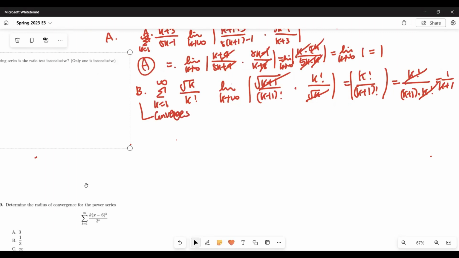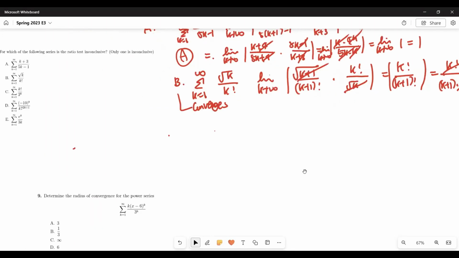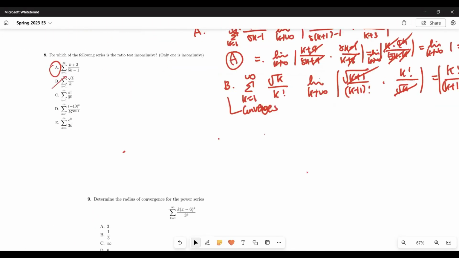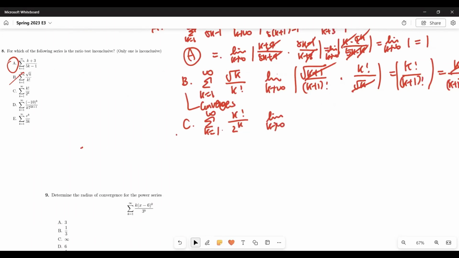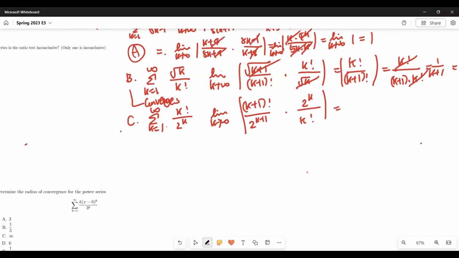Okay, that's good. So B converges, and A is the answer. So C, let's try it. The sum from k equals 1 to infinity of k factorial over 2 to the k power. For the ratio test, you add plus 1: k plus 1 factorial over 2 to the k plus 1, absolute value, times the reciprocal of the original, 2 to the k over k factorial. So this is the limit as k goes to infinity of k plus 1 times k factorial over 2 to the k times 2, times 2 to the k over k factorial.